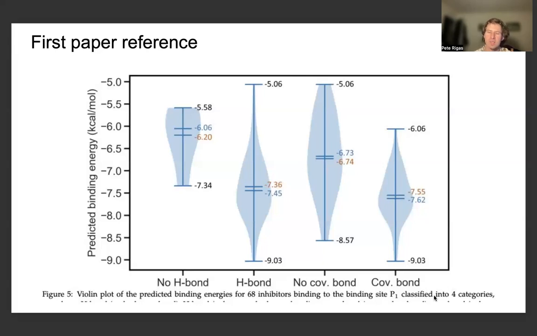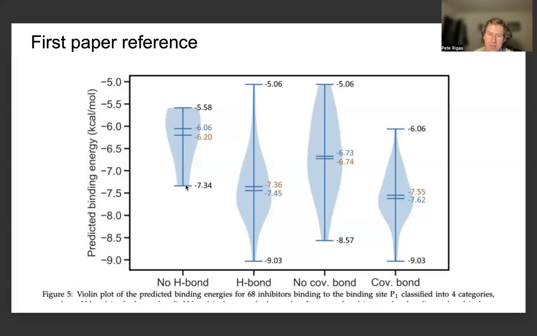And the 4 plots that they provide in this violin plot demonstrate how the different aspects of the structure would impact the binding affinity energy measured in kilocalories per mole, from what's given with no hydrogen bond, a hydrogen bond, no covalent bond, or a covalent bond.